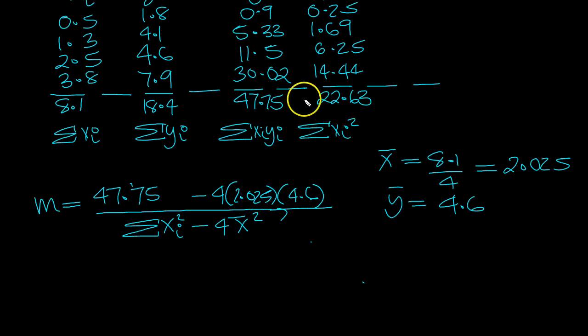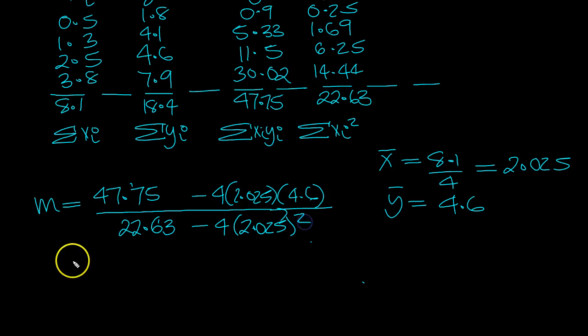Summation of the xi squares is 22.63. Let's put that in there, minus 4 times x bar squared, which is 2.025 squared. So there's m.